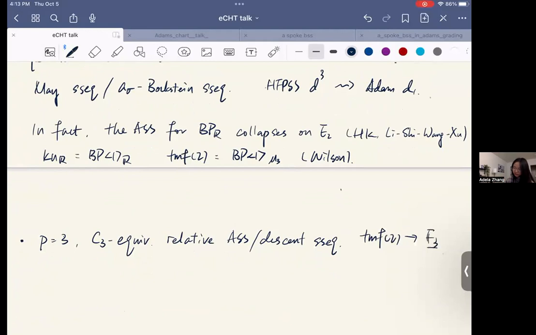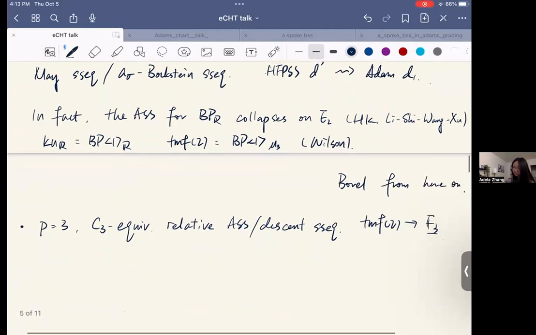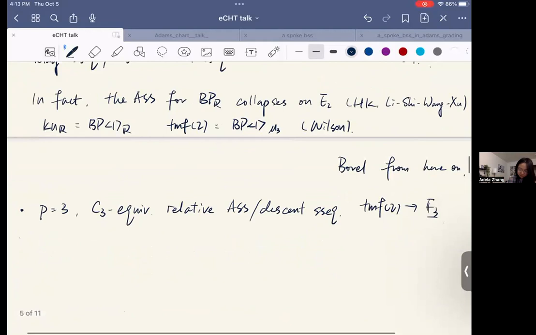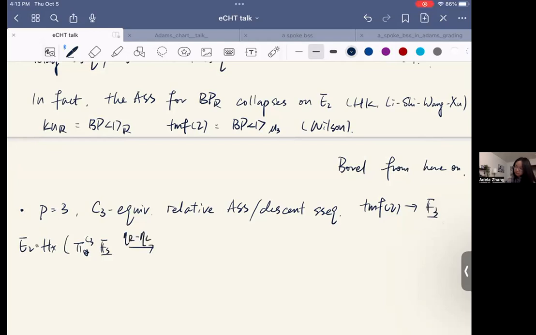And let's just, for convenience, assume that everything is Borel from here on, so I will stop writing the little h. So the E2 page is the homology of the cochain complex given by the C3 homotopy of F3 underline, right minus left unit, mapping into the C3 homotopy of F3 underline tensor F3 underline over TMF2.